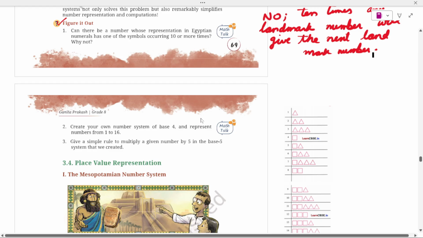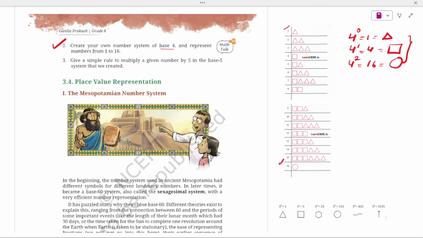But for 4 we have another symbol, right? 5 will be used with these two symbols, and up to 8 we get 2 squares. Continuing like this, you will get the other numbers with the use of these three symbols only. I think you can easily create them.